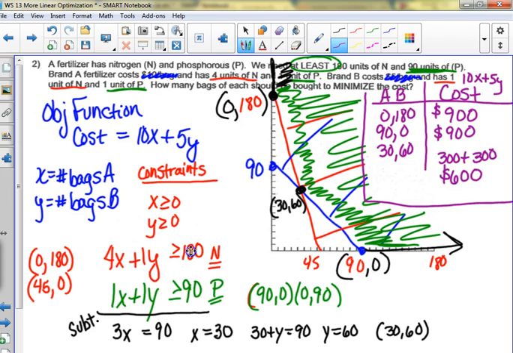So we get enough of each kind, and it minimizes our cost. Okay, so minimum cost of $600 for 30 bags of A and 60 bags of B.